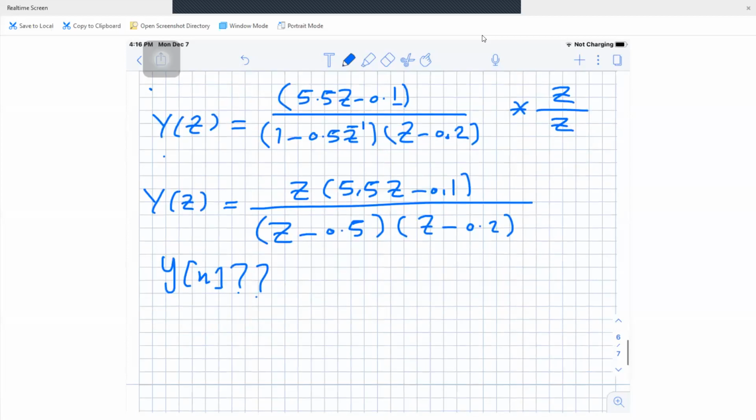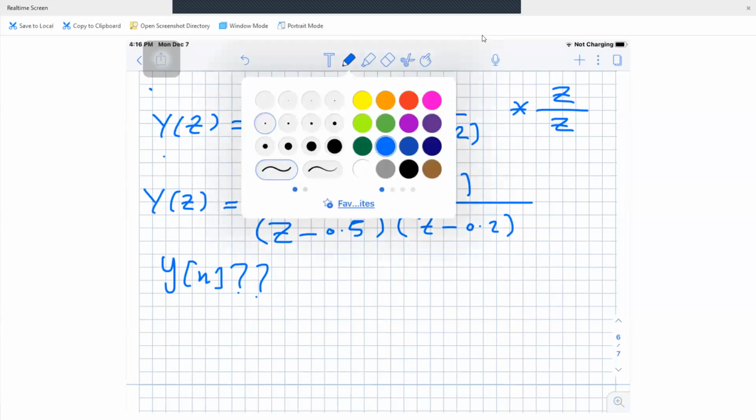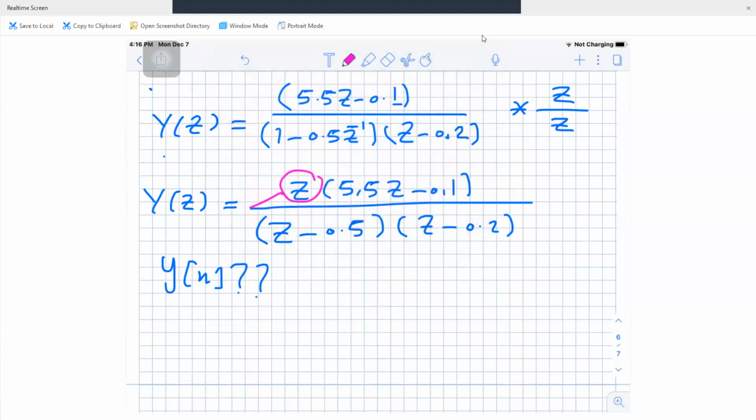Now, as I have talked about the inverse Z transformation in the previous lectures, in the previous week, we have to arrange the equation as y of z over z. So I'm going to take this z here.